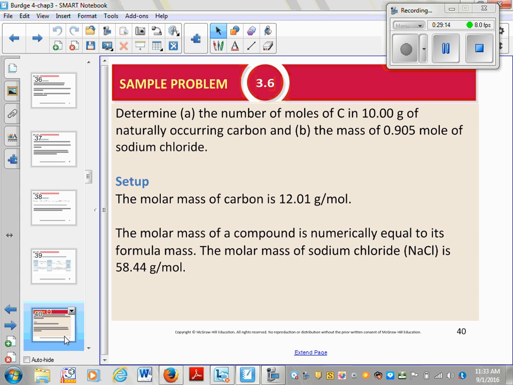No, we don't need Avogadro's number there. We need the molar mass. What's the molar mass of carbon? 12.01. Look on your periodic table. It's the same as the AMU. So there. Now I have all the numbers. Because what does the map say? To go from grams of A to moles of A, I divide by the molar mass. I'm dividing by the molar mass.